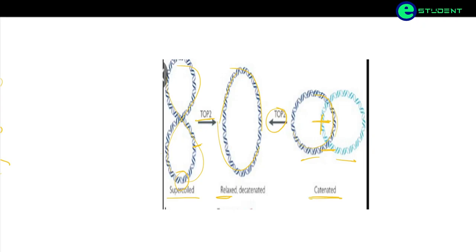So in a catenated DNA, where there is this lockage, it has to cleave the double-stranded DNA so that the circles get separated, and when there is a supercoiled DNA, only one strand is cut. Topoisomerase 2 uses an ATP molecule when it is cleaving the catenated DNA.